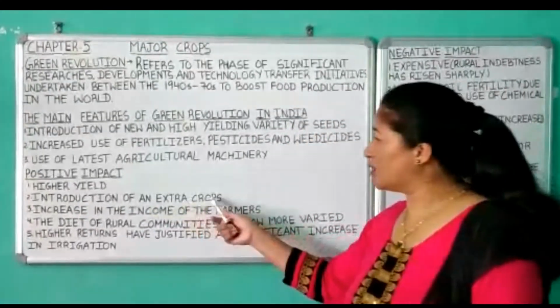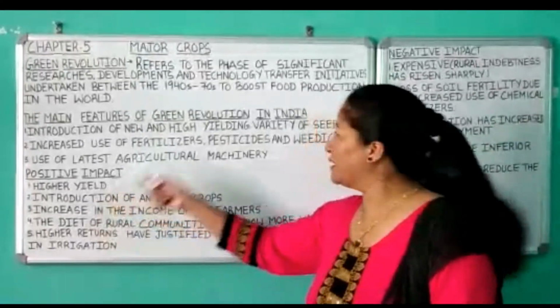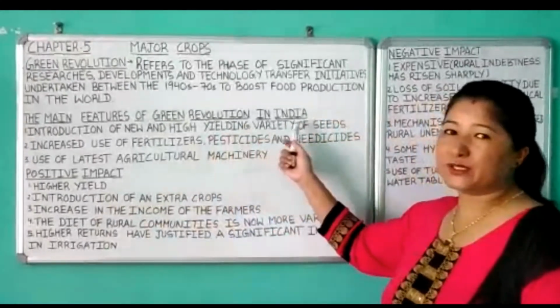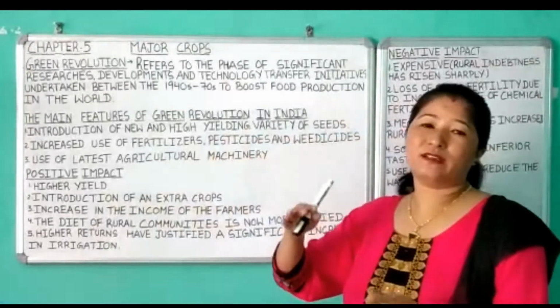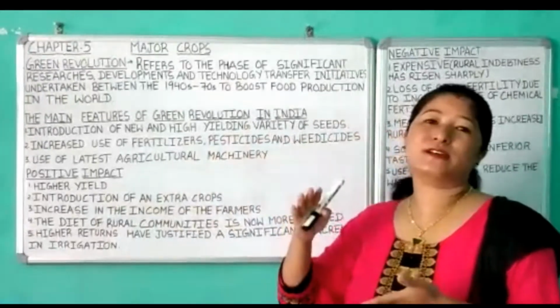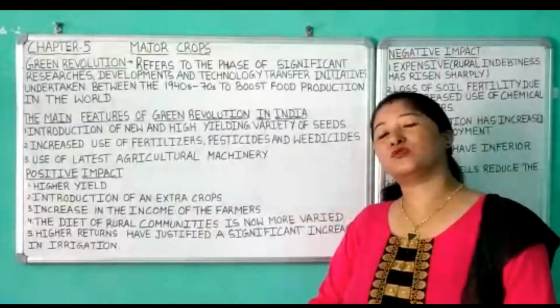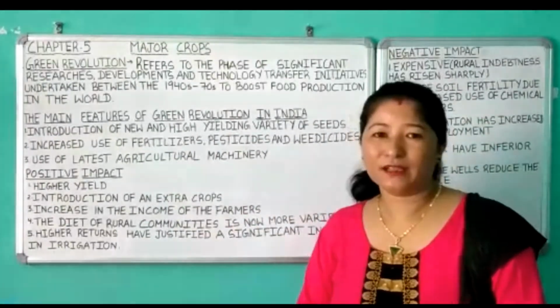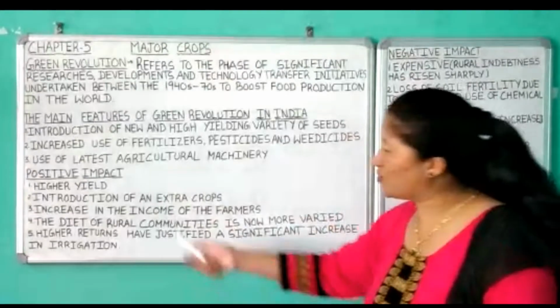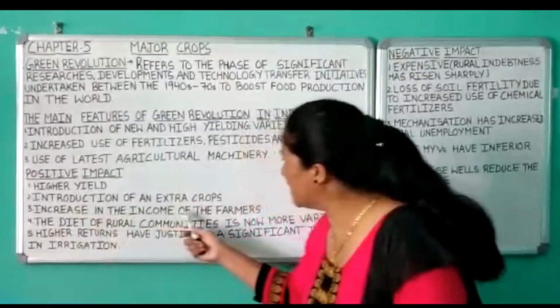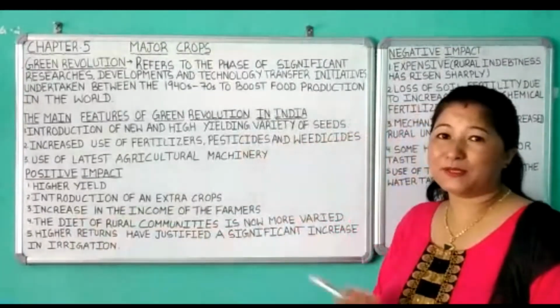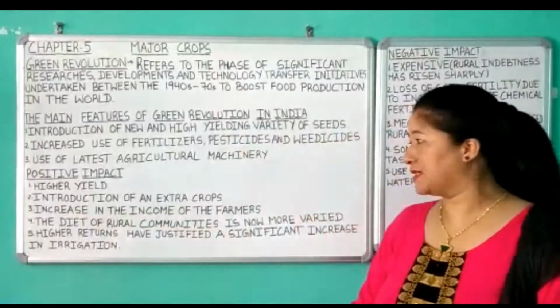How were extra crops introduced? By the use of HYV seeds, which were short growing crops. The growing period was very short, and therefore it enabled the farmers to grow some extra crops in the year. Because of this extra crop, farmers' income increased.